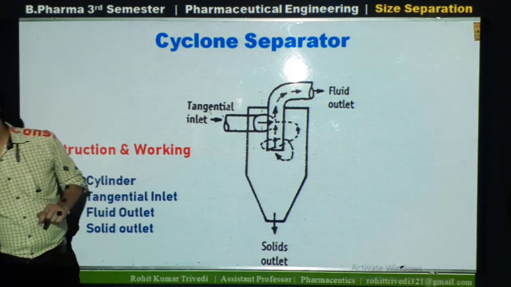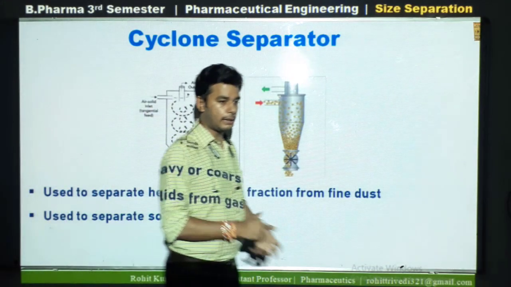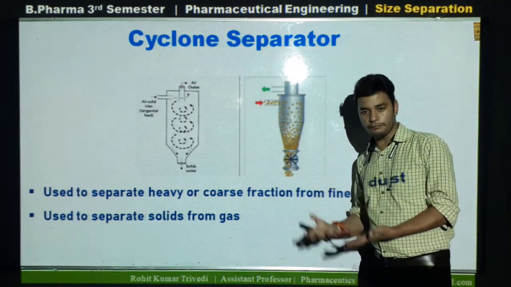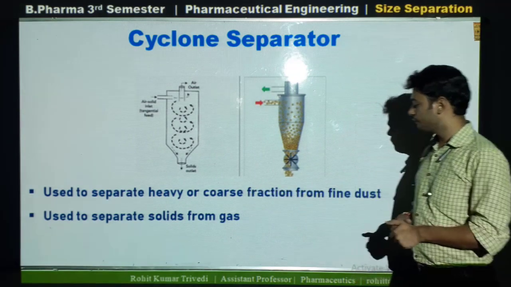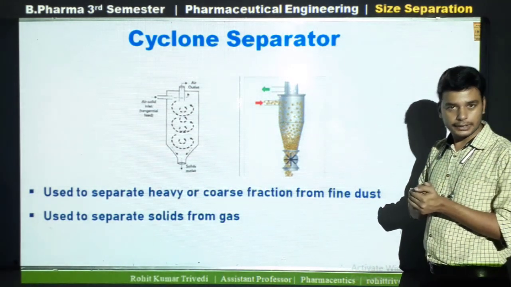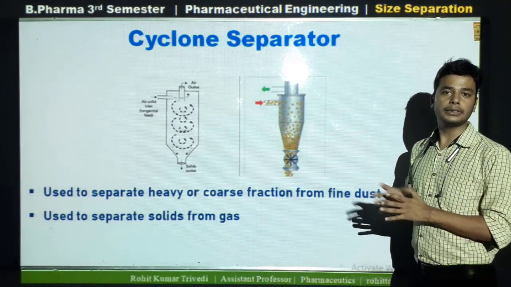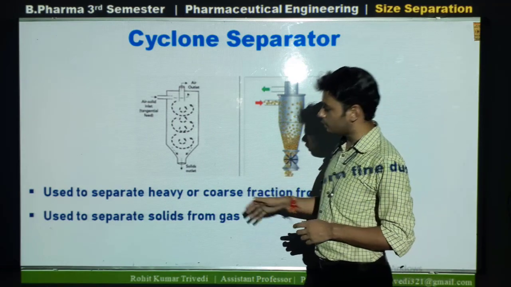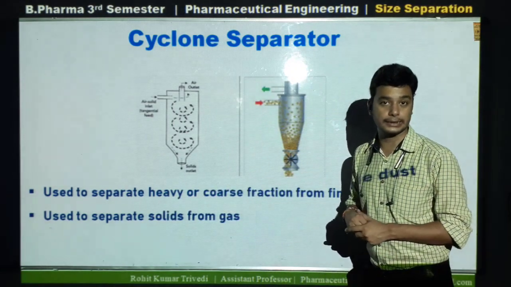Now moving further, the uses of the cyclone separator. The basic use of the cyclone separator is the separation of the coarse fraction or large size particles from the fine dust or fine size particles. Another advantage or use is that it is used for the separation of solids from gases also.